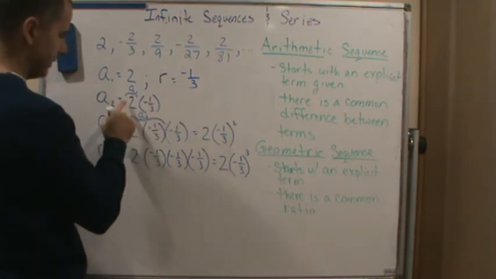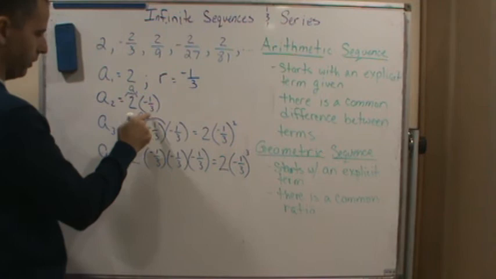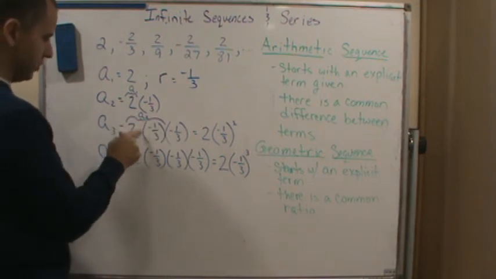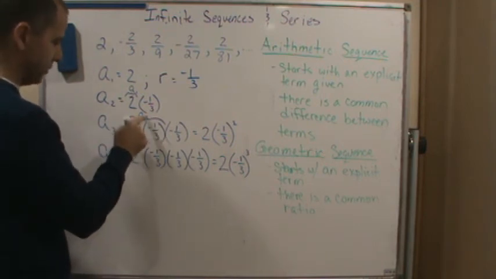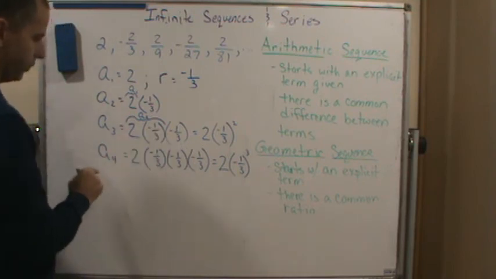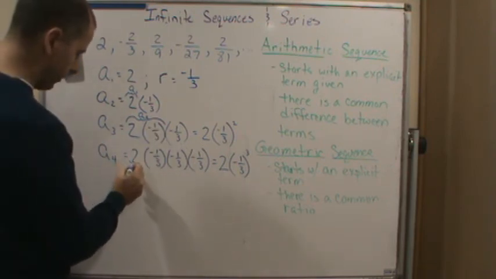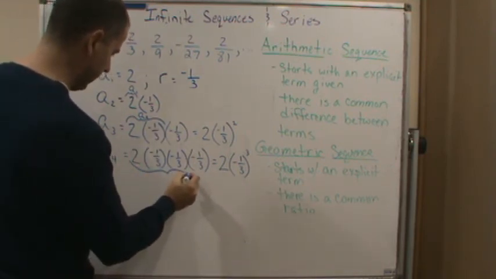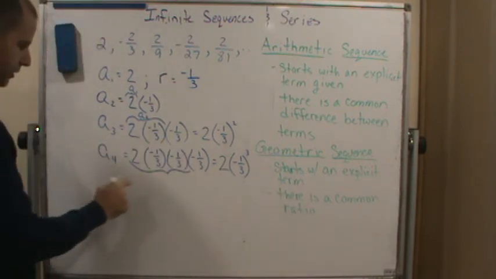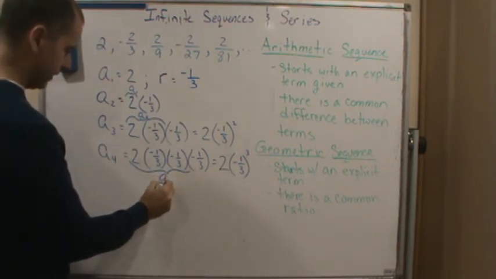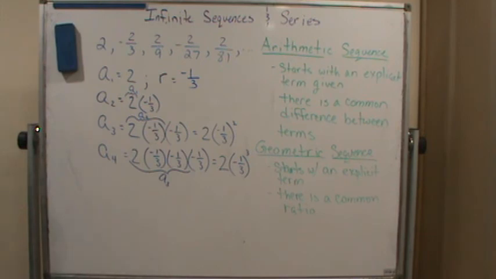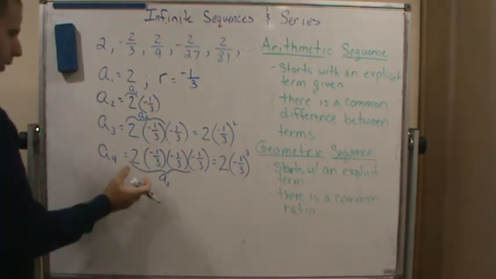So I can write this as a sub 1 times negative 1/3. This here represents a sub 2, so I can take this as a sub 2 times negative 1/3. And then down here, I can take these three factors. This gives me a sub 3.